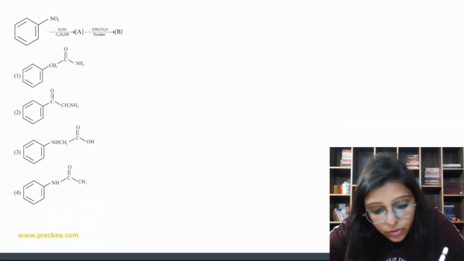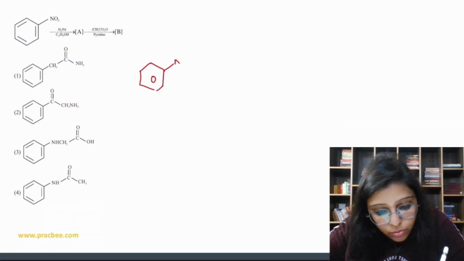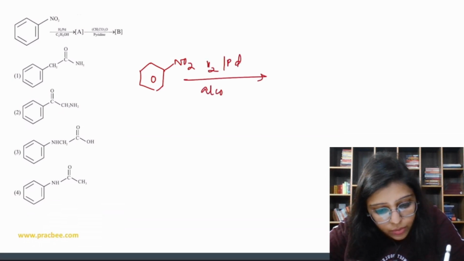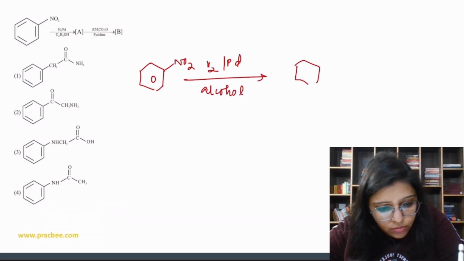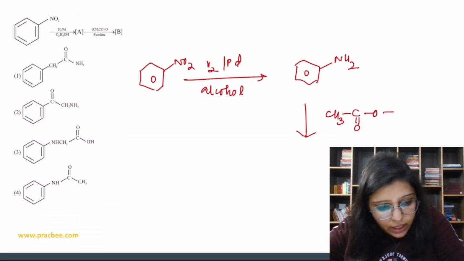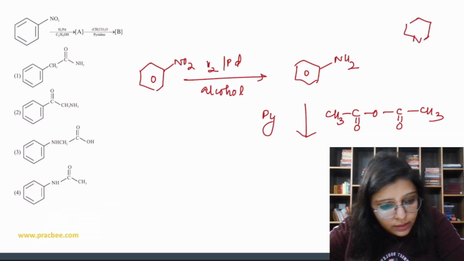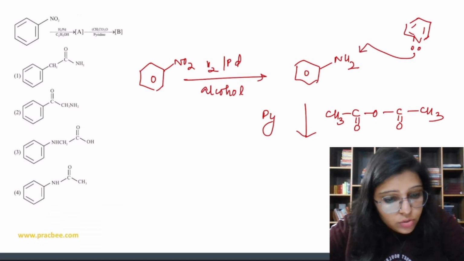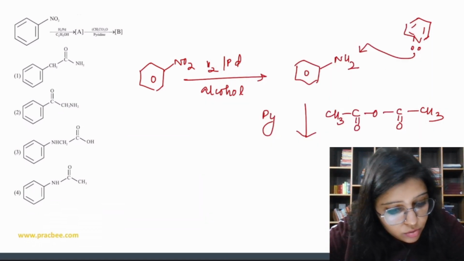Now let's do this question. So we have NO2 in the presence of H2/Pd and we have alcohol over here. So it is a reducing agent, NO2 is converted to NH2. Then we have acetic anhydride in the presence of pyridine. So what is the role of pyridine? Pyridine is a base, so it abstracts hydrogen, right? When it abstracts hydrogen, we get NH negative.